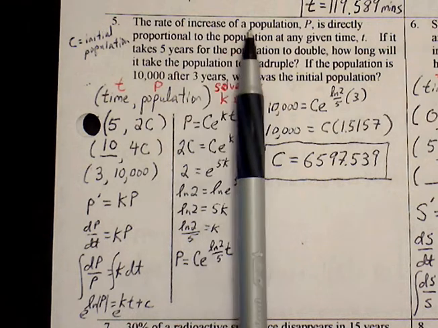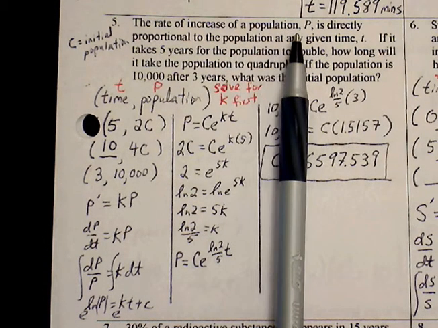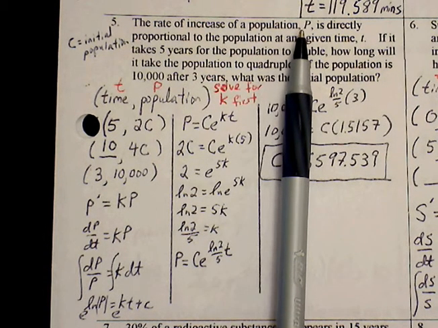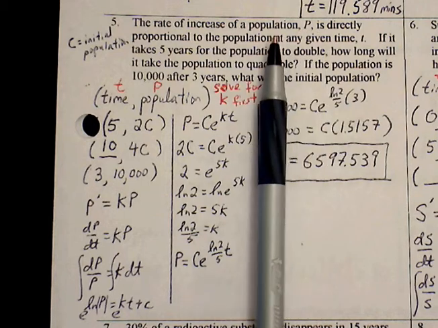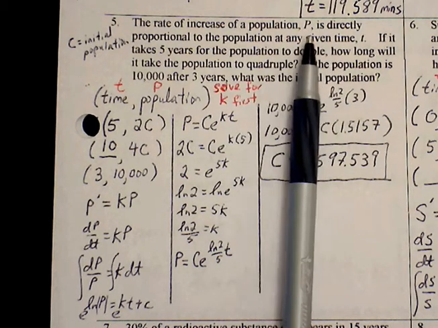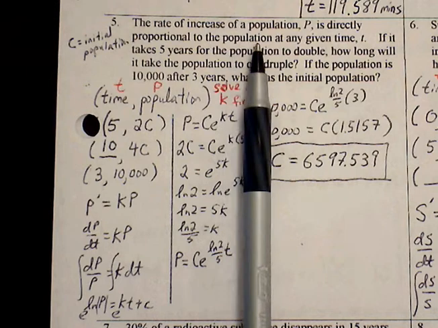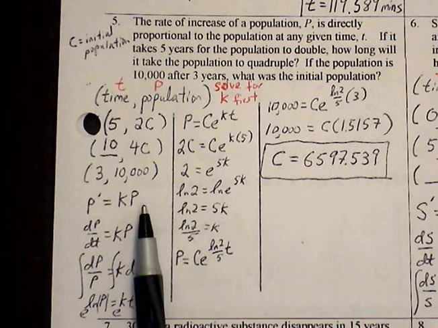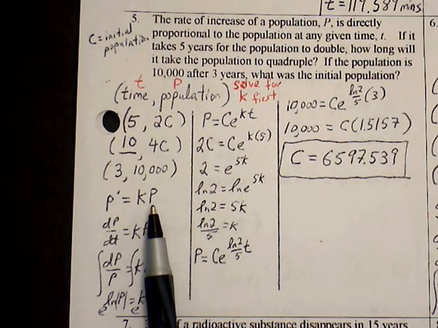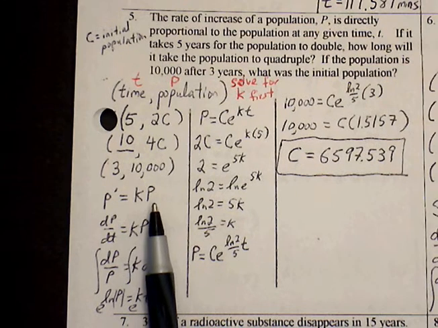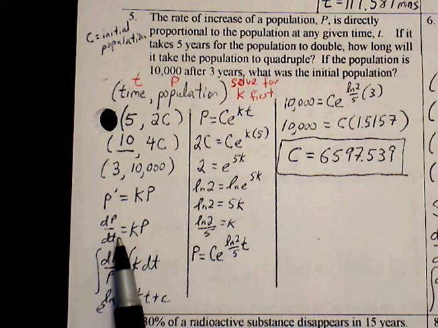The rate of increase of population P refers to P prime, and it's directly proportional, so P prime is equal to K times P. That's our initial differential equation. We can rewrite P prime as dP over dt.